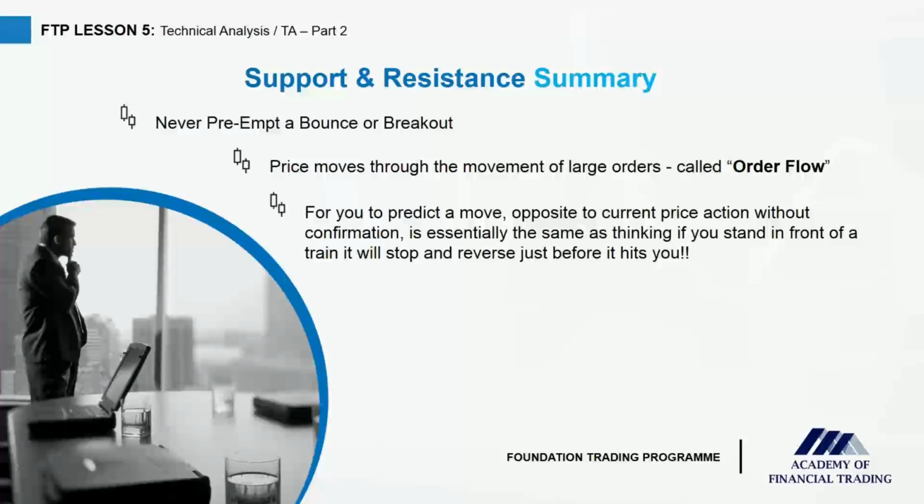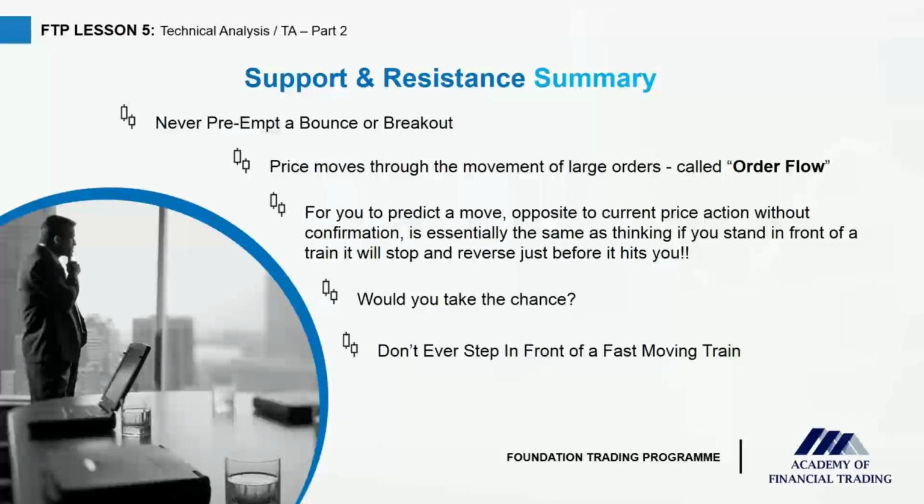Who would do that? Okay? Why would you do that? Would you not instead prefer to look at the train and say, you know what, that's pretty powerful, and it looks like it's going to keep going in its direction? Is that not a more logical argument?